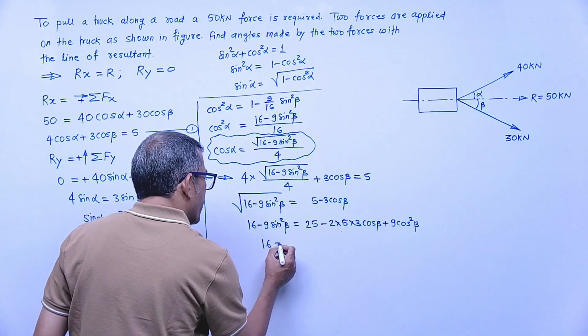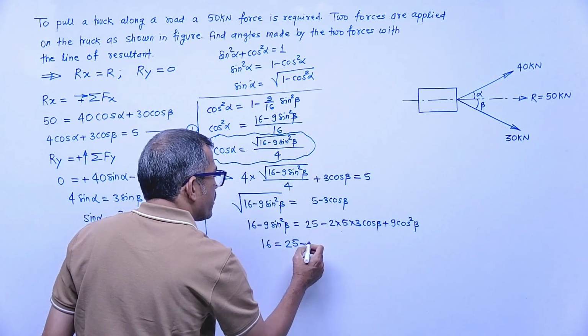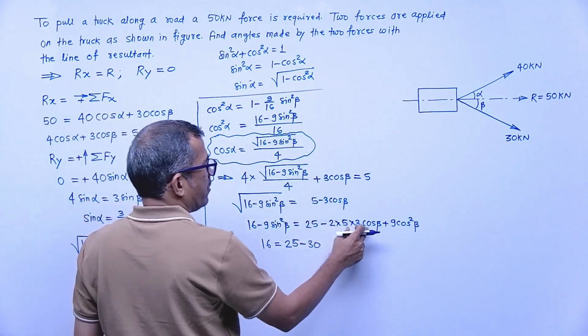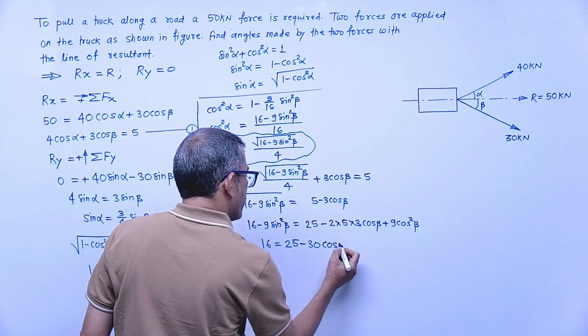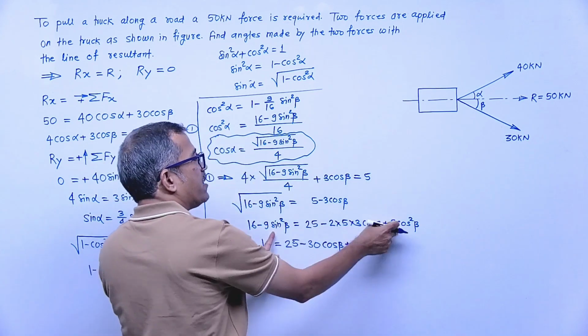16 equals 25 minus, what does it become? 30, right? Yes, 30 cos of beta plus 9 cos square beta plus 9 sin square beta.